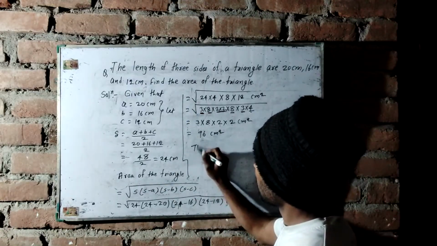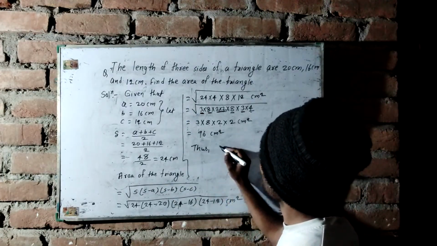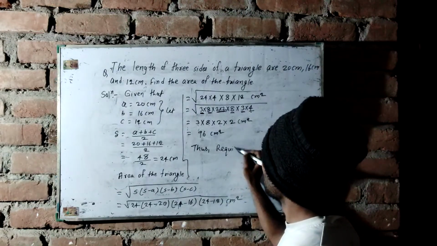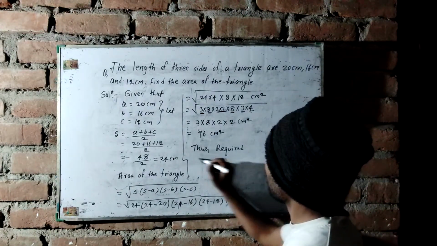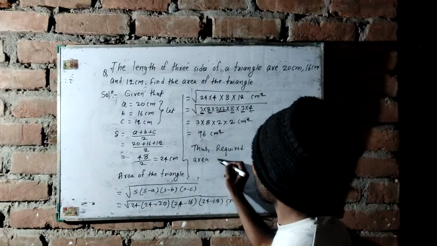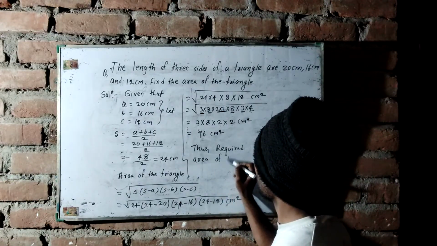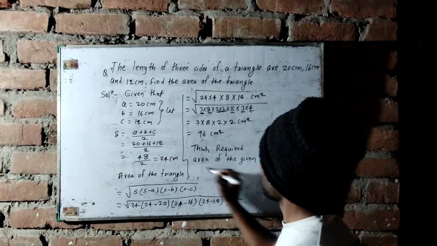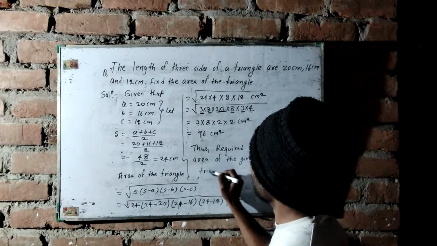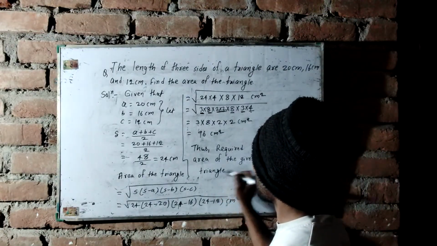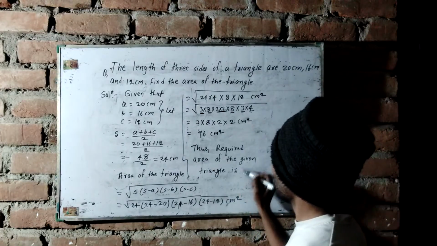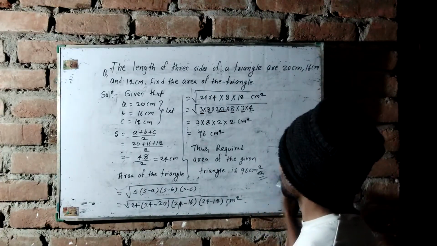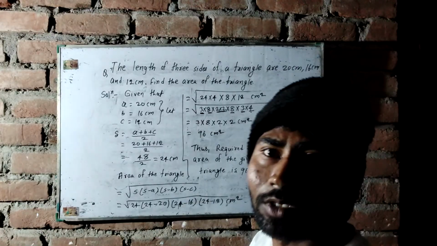So thus you can write required area of the given triangle is 96 centimeter square.